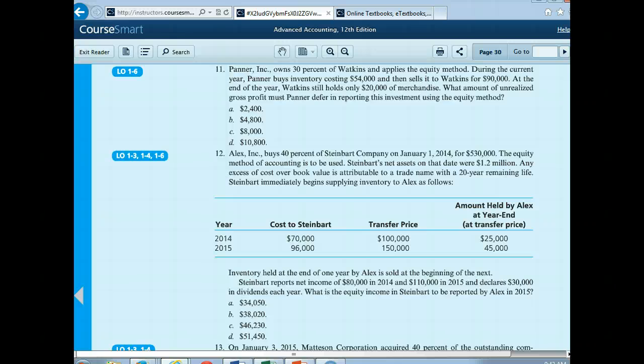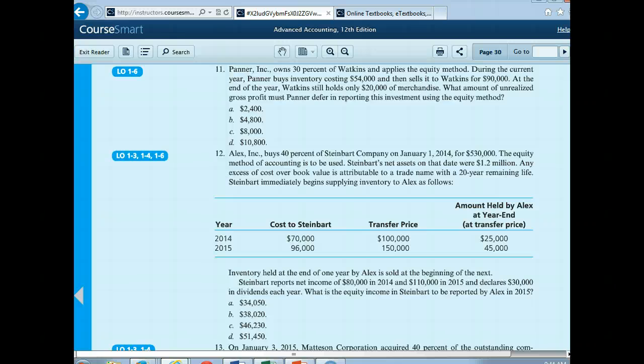The equity method of accounting is to be used. Steinbart's net assets on that date were $1.2 million. Any excess of cost over book value is attributable to a trade name with a 20-year remaining life.